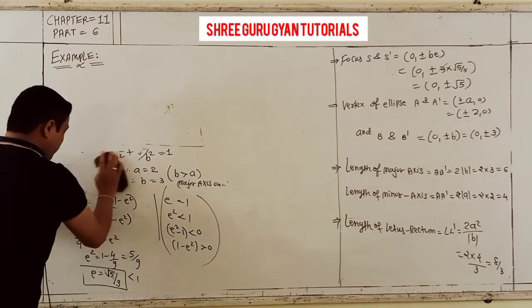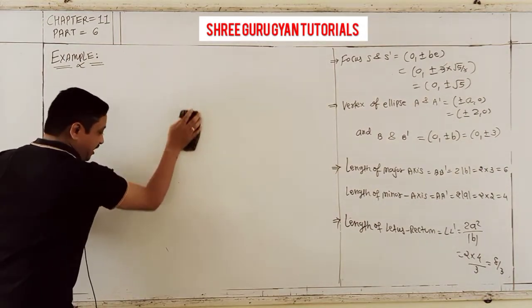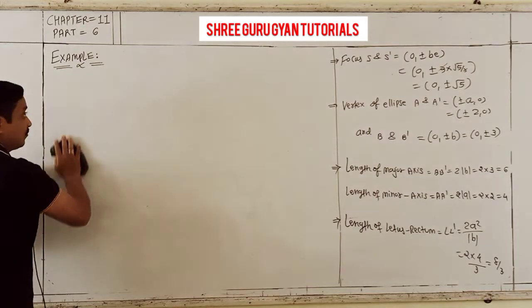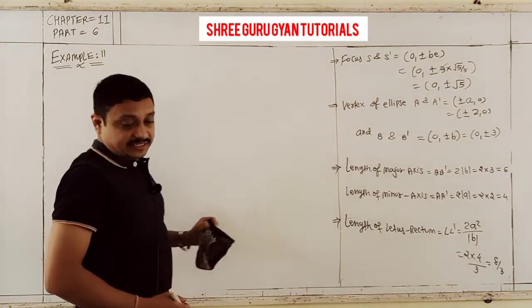In example 11, the equation is to be derived, and the foci and the vertices are given. Yes, find, question number example 11.